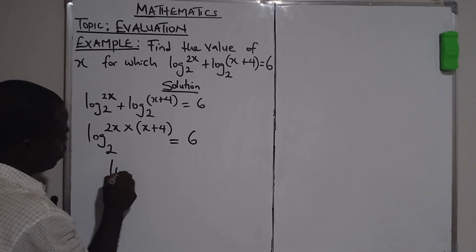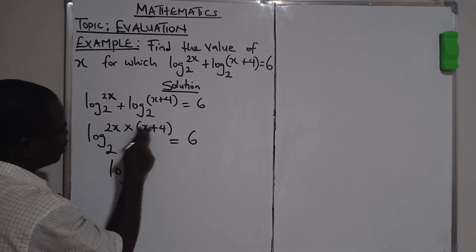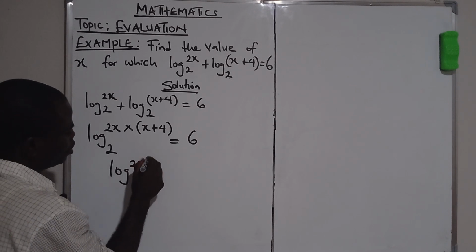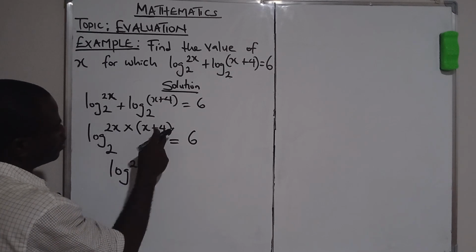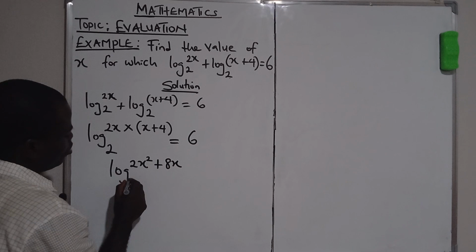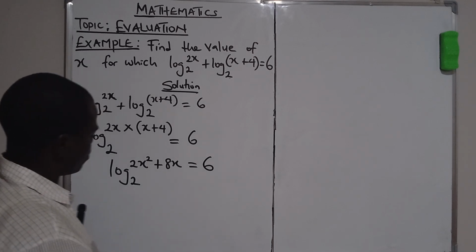Now log 2x times x is 2x squared, 2x times 4 is 8x, base 2 equals to 6.